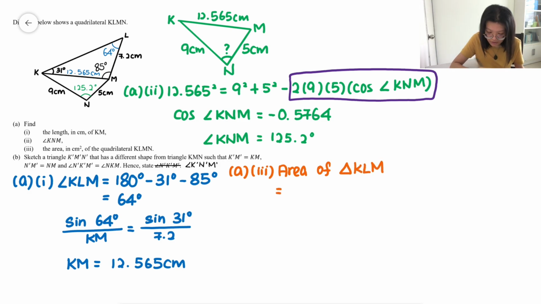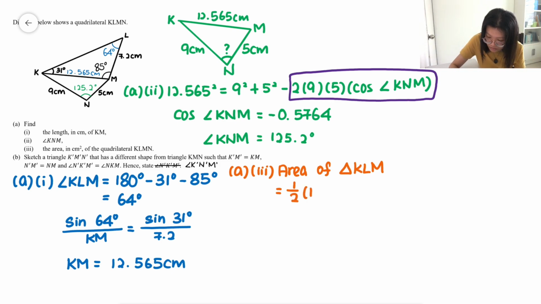Choose the angle that you have both sides and also angle. So of course it's very obvious that we need to choose KM, LM, and also the angle 85 degree. Because we have a complete set of that, it will be much easier.